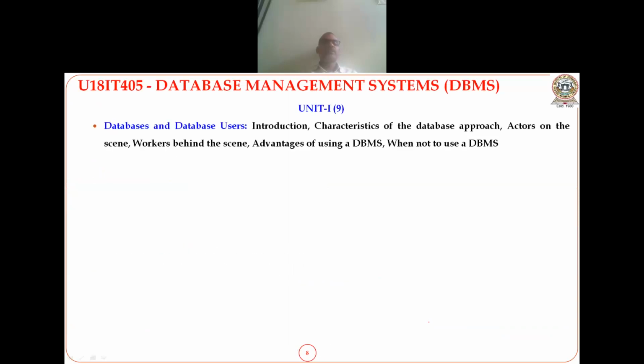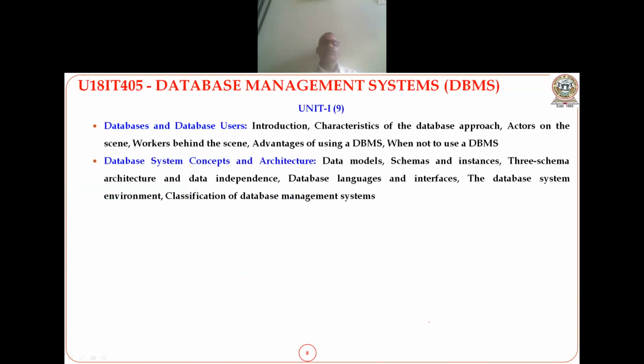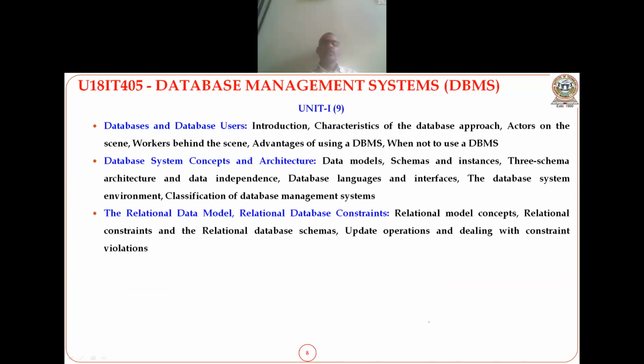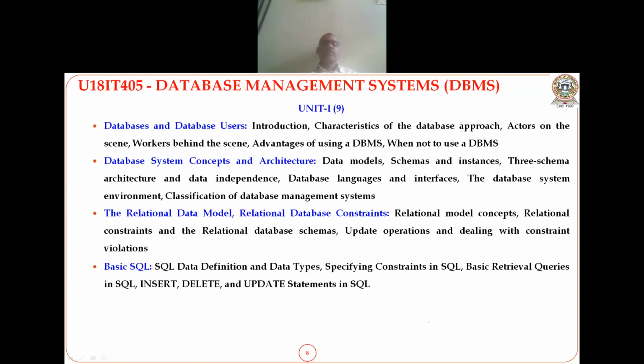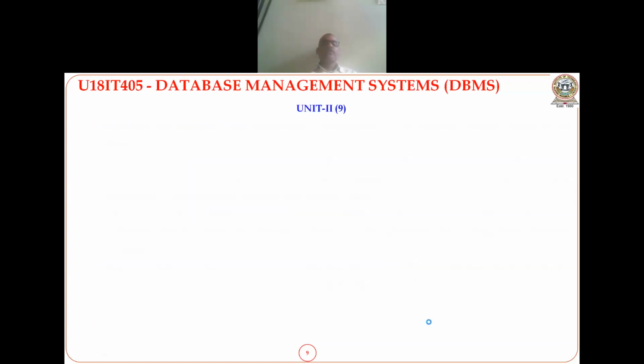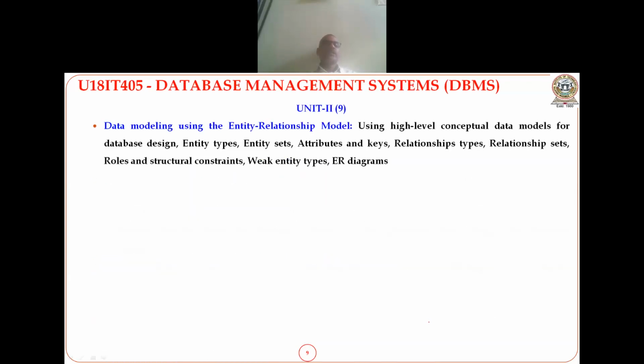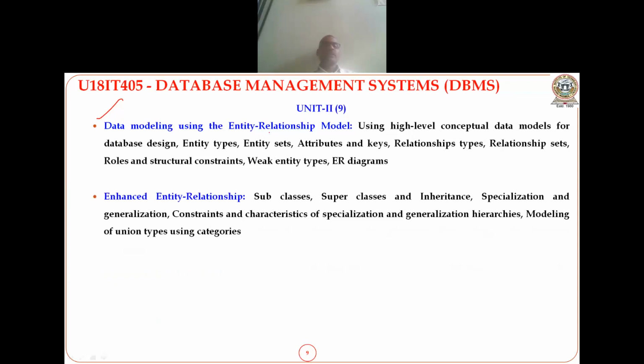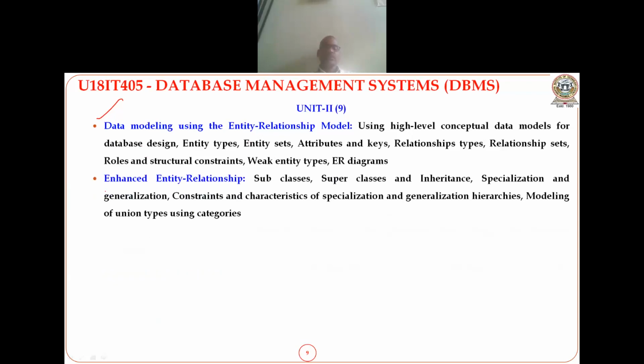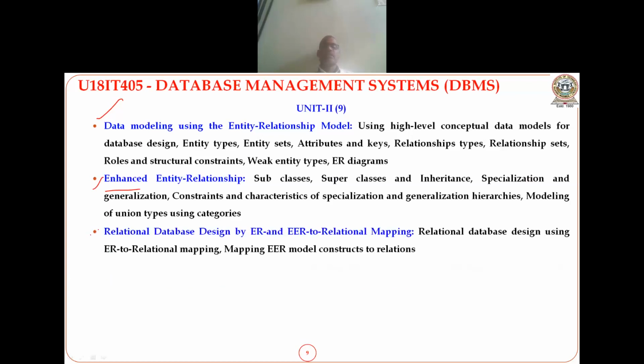So these are the unit one contents: databases and database users, database system concepts and architectures, the relational data model, relational database constraints, and the basic concepts of SQL. In unit 2, data modeling concepts, we are going to learn data modeling using the entity relationship model and the enhanced entity relationship model, and then relational database design by ER and EER to relational mapping.